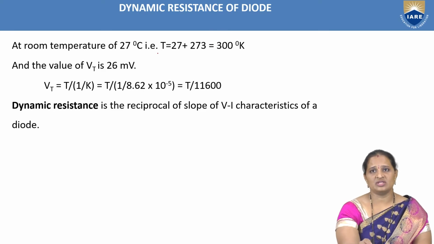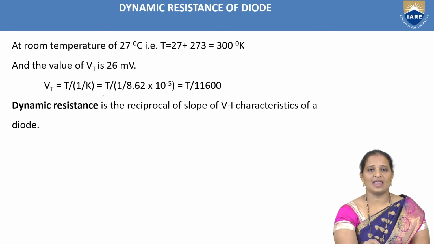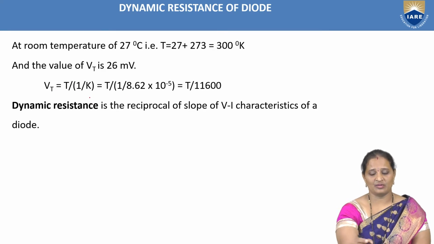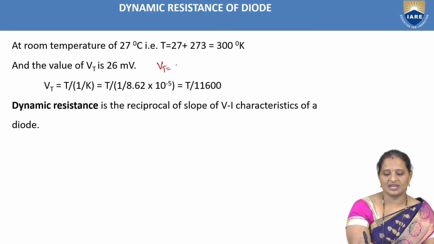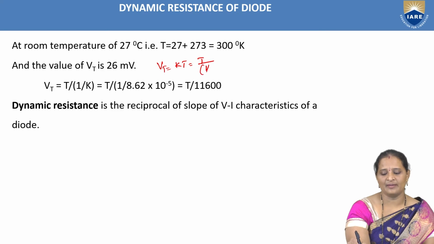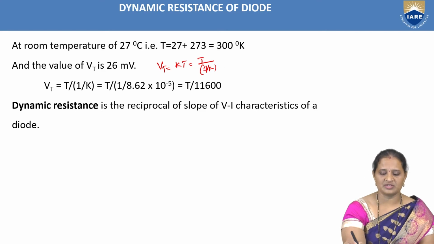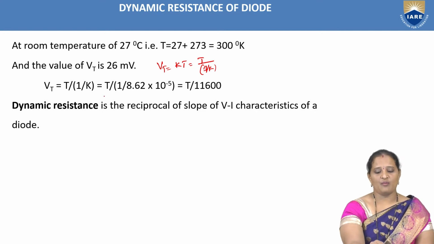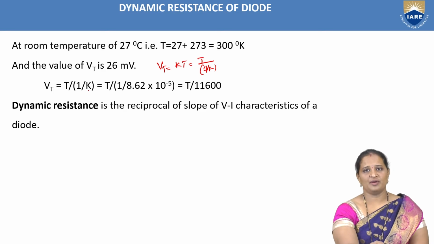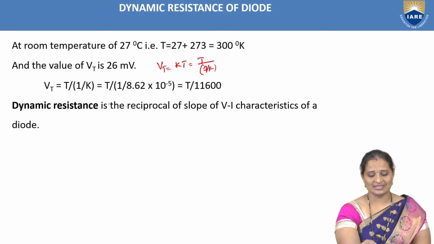Now, based on this formula, we can calculate Vt, the volt equivalent of temperature. The formula for Vt is kT, so I am writing it as T divided by 1/k. If it goes to the numerator, it becomes kT. Now substitute the value of Boltzmann's constant, 8.62 × 10^-5.